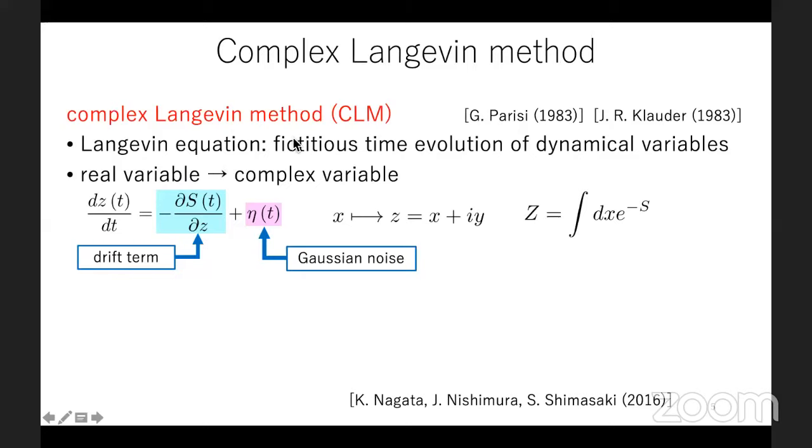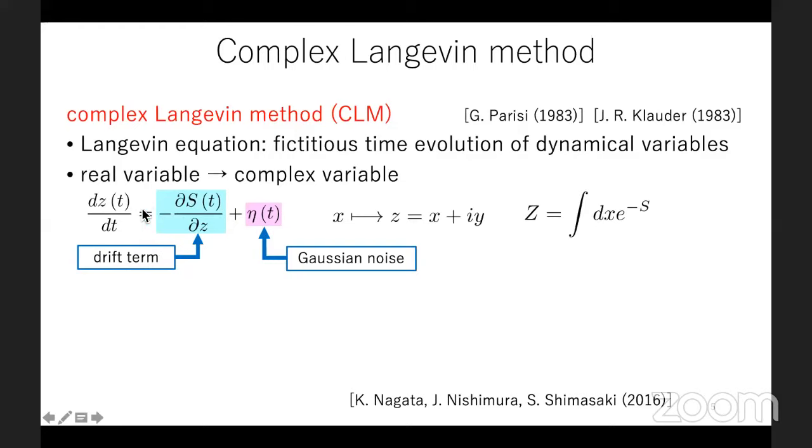However, in the complex Langevin method, the real variable is generalized to a complex variable, like this. So first we consider the real Langevin equation with variable x, but this variable is generalized to a complex number z, like this.